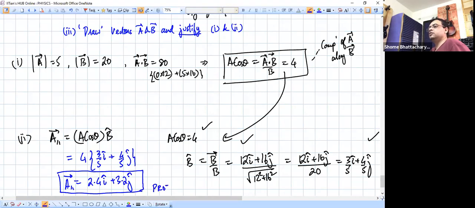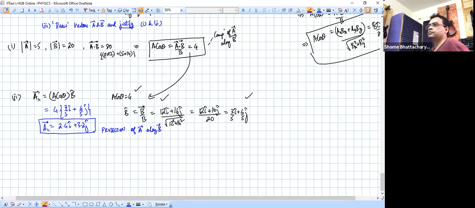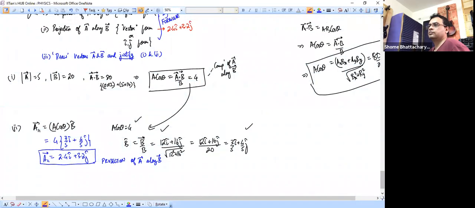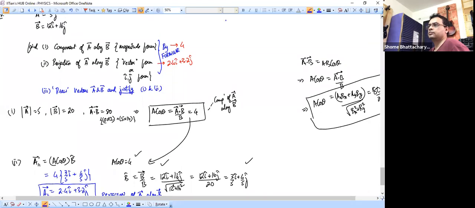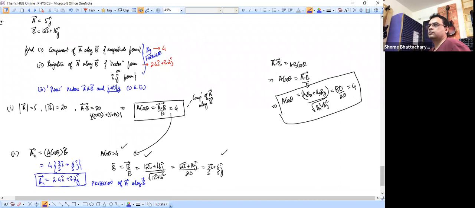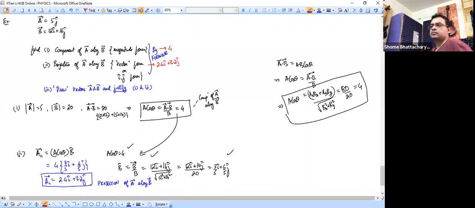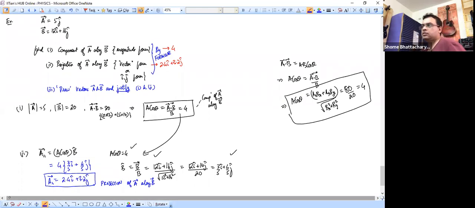So this is the projection of vector A along the vector B. Okay, people, this is clear fully. Okay, very good.